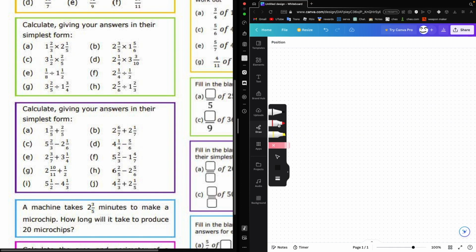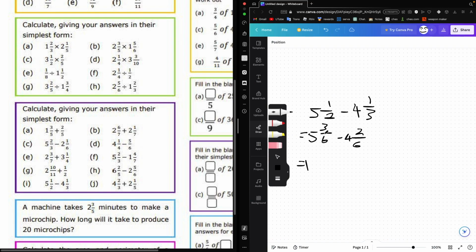Okay, now we have I. So I is 5 and 1 over 2 minus 4 and 1 over 3 equals, same thing, make this the same first, 5, 3 over 6 minus 4, 2 over 6, equals 1, 1 over 6. Easy. Okay, next one.